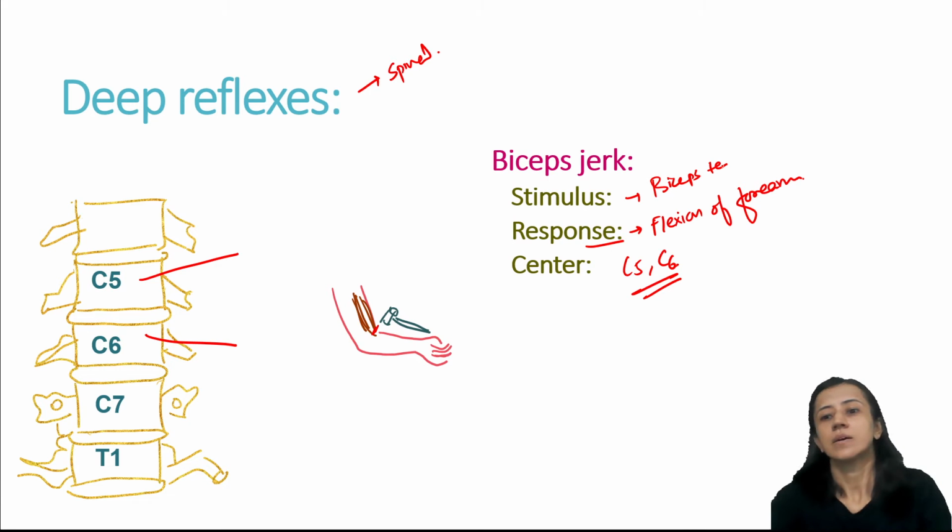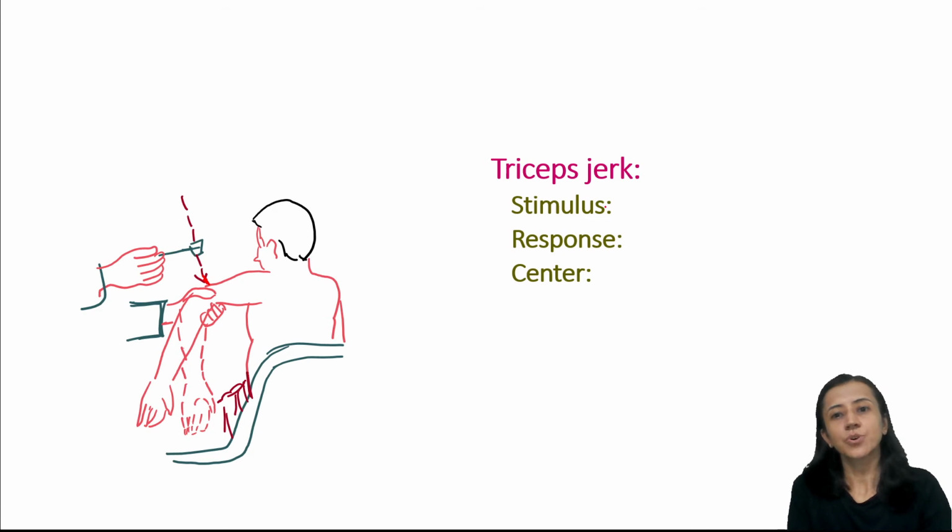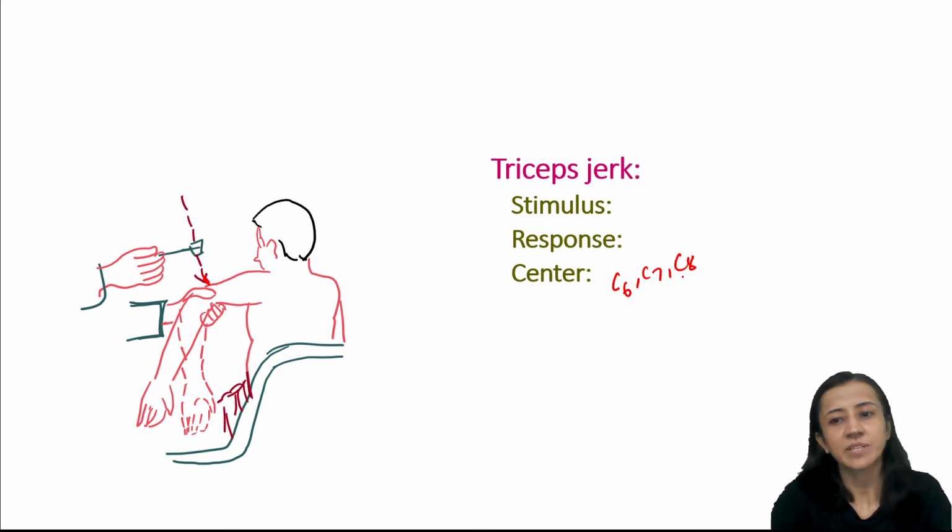Then triceps, as I told you, you give a stroke on the triceps tendon, and the response is extension of the forearm. Here the center is in C6, C7, C8. Afferent and efferent are also the same cervical nerves.